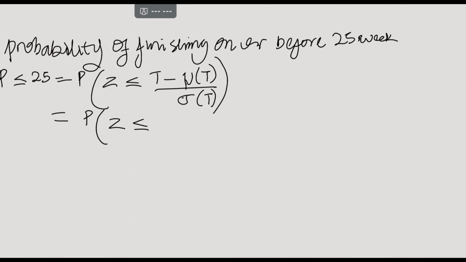In this question, it was on or before 25 weeks, so 25 will be T, unlike the previous one. But the mean will still be 20, and the standard deviation will still be the value from the critical path, which was 2.43.